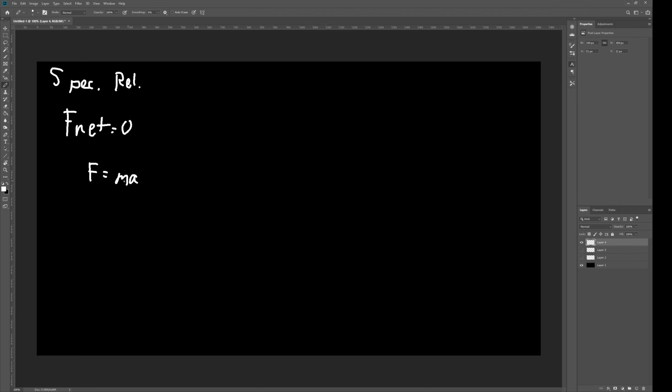And this is Newton's second law. What this means is that we have no acceleration. A is equal to 0. That means our v is constant. And that we have no absolute reference frames.